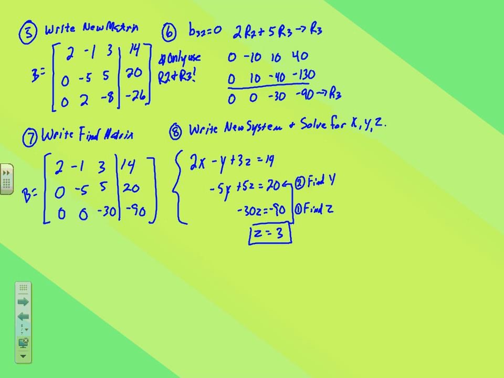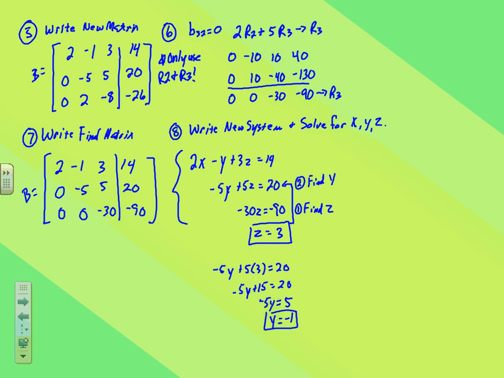So I'll just use this space underneath here, and I'll say negative 5y plus 5 times 3. So that'll give me negative 5y plus 15 to be equal to 20. So that means negative 5y is equal to 5. So that means y is equal to a negative 1.